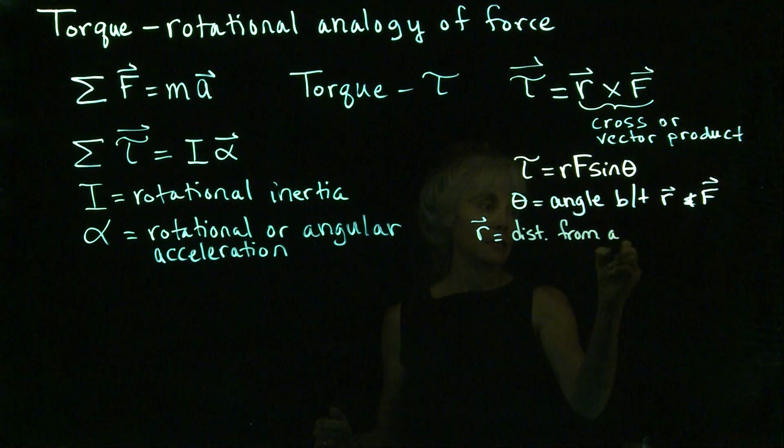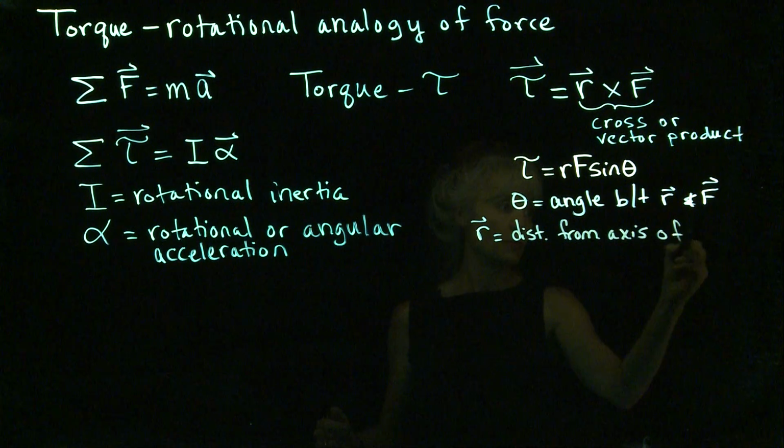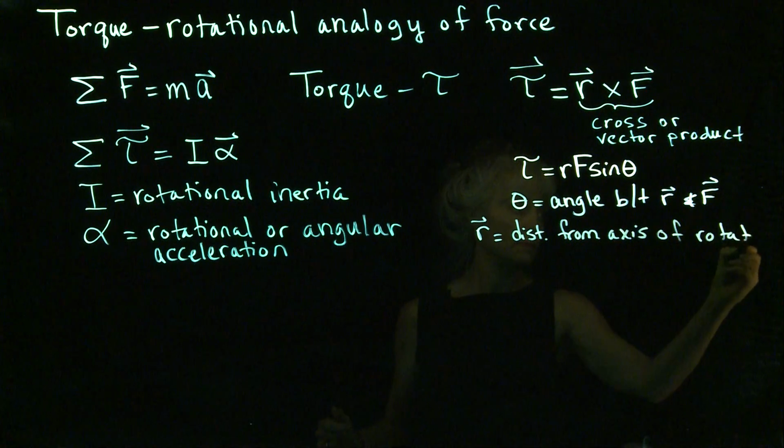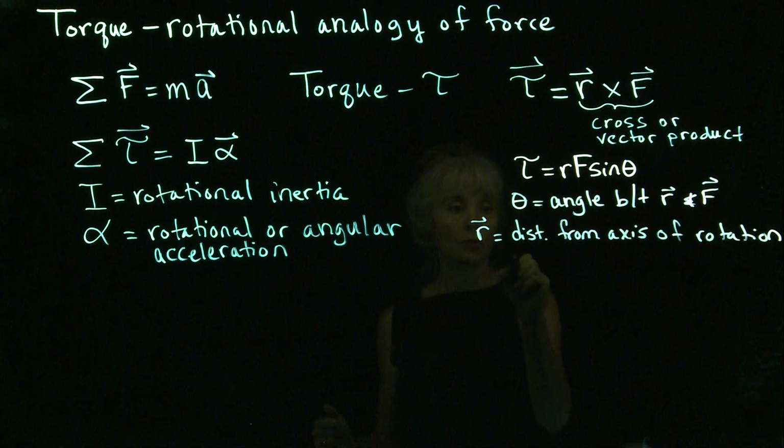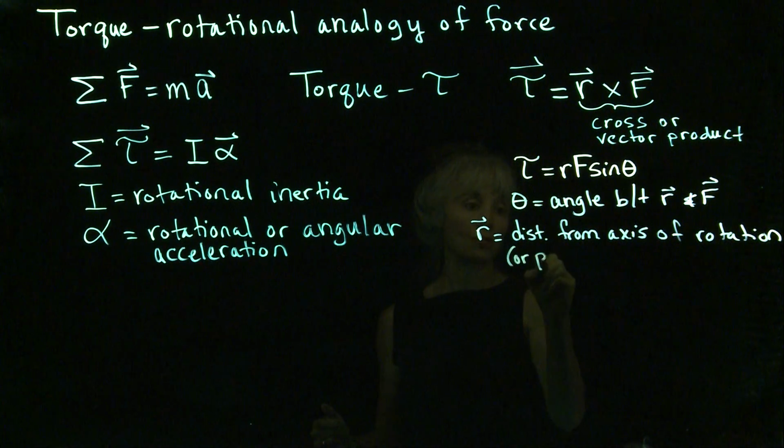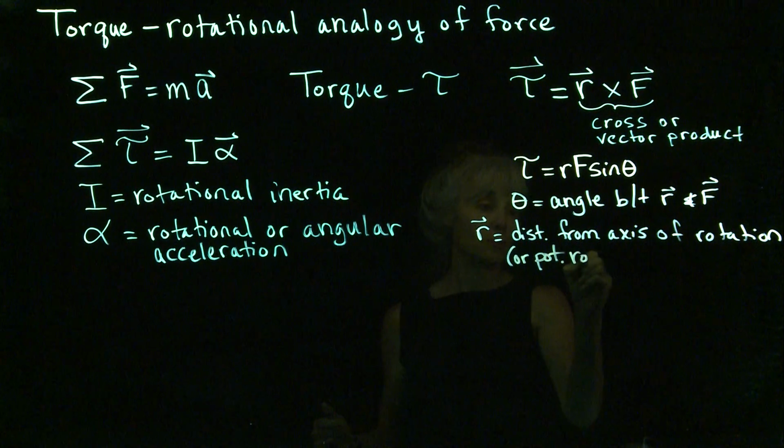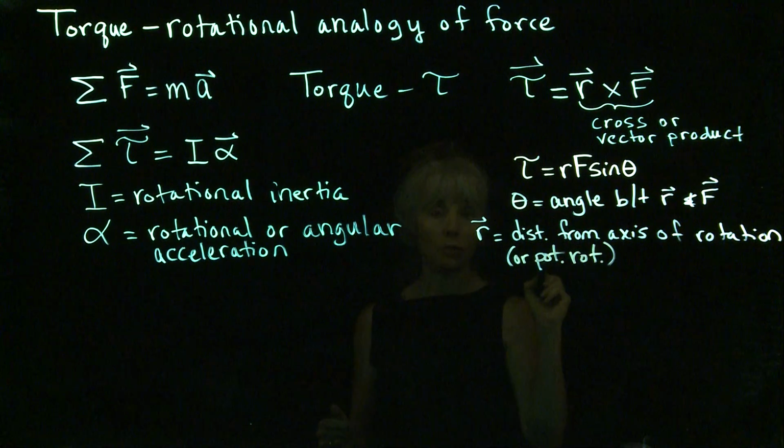r is equal to the distance from the axis of rotation, or potential rotation. Sometimes you won't have rotation, but you want to see if possibly you could have rotation.